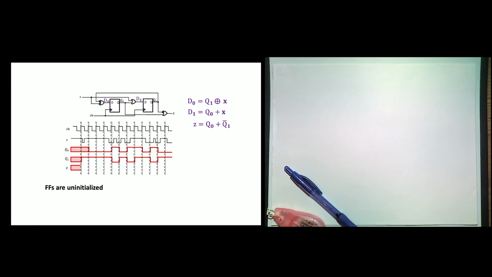Yes? No? Well, what is Q1? It's 1, but we have Q1 bar. So this is 0, ORed with unknown. So that's still going to be unknown. If it were just Q0 or Q1, then it would be 1, but it's Q0 or not Q1.